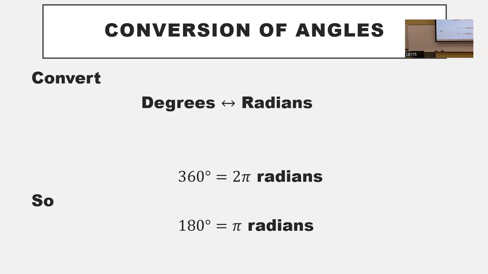Remember, that was a straight line. You can use either of these two to convert back and forth. The general one that we use more often is 180 is pi radians, then you don't have to deal with the 2. So when you go back and forth, we just use the fact that 180 degrees is pi radians and do a multiplication or division.